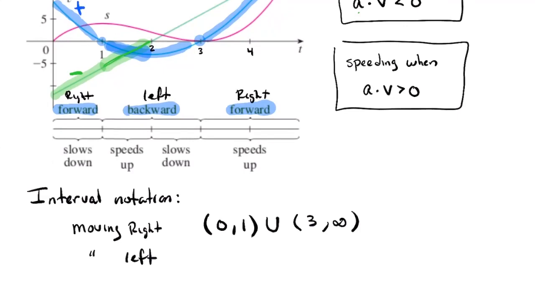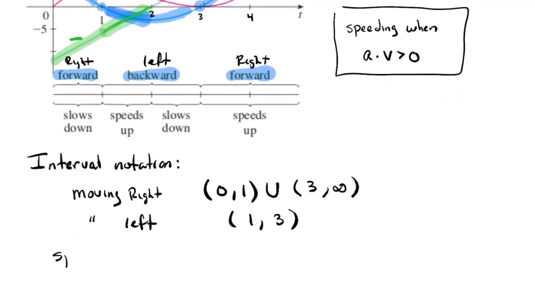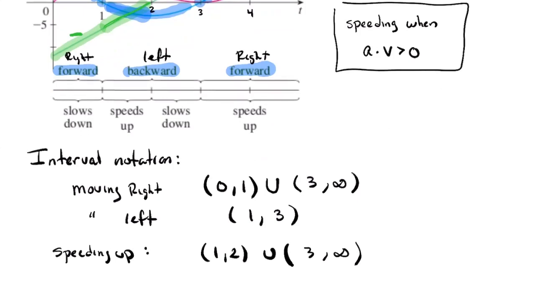When is it moving left? It was moving left from 1 to 3. All right. When is it speeding up? I'm looking at when this thing has the same signs, either both positive or both negative on velocity and acceleration. It's speeding up from 1 to 2, and then again on the interval from 3 to infinity. When an interval has no end, we just use that infinity sign.